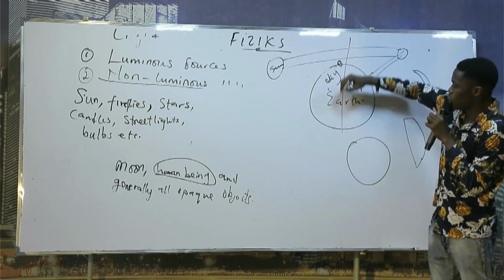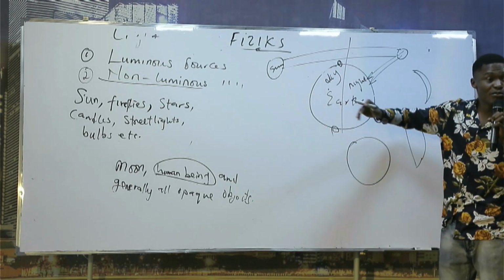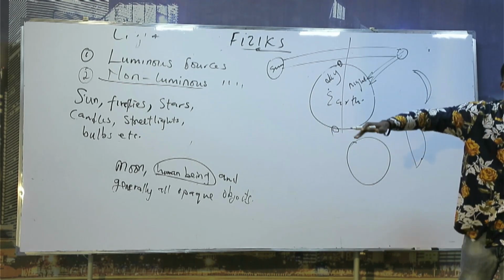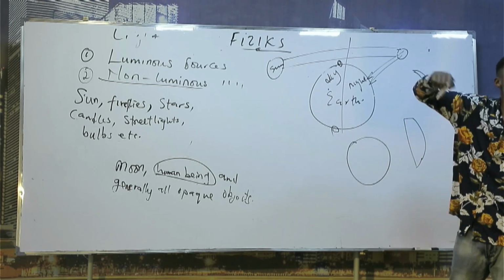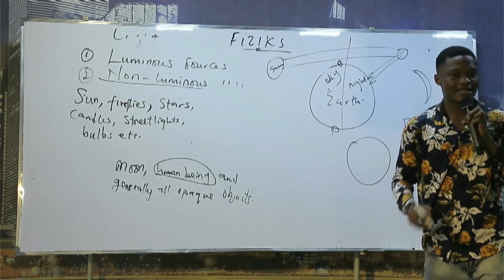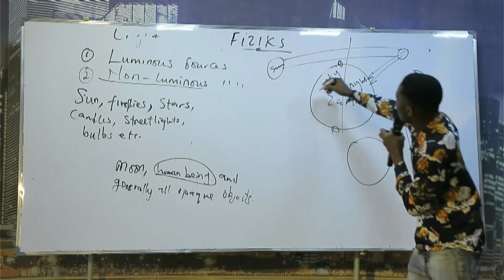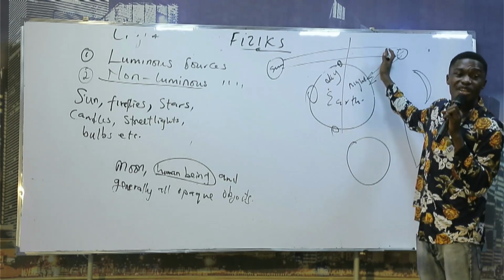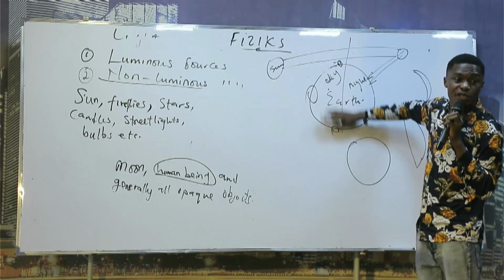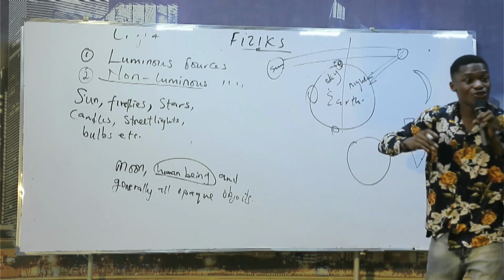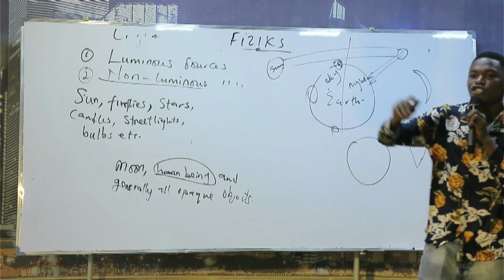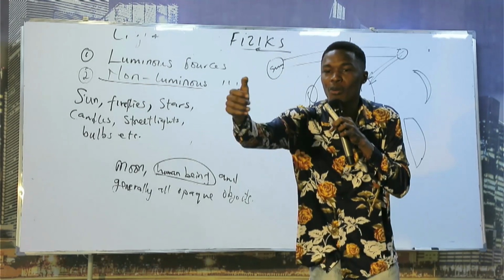Even if there are some areas where the moon will be visible, for example, if you are close to the poles, the moon might be visible during the day, but not as bright as when it is at night. So if you are here, you will not see the moon during the day. But if you go near the poles, you might see the moon during the day. It's just like owning a torch.